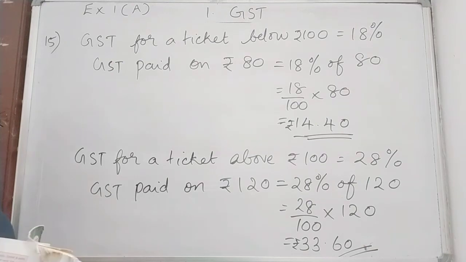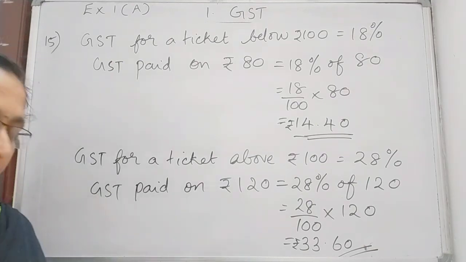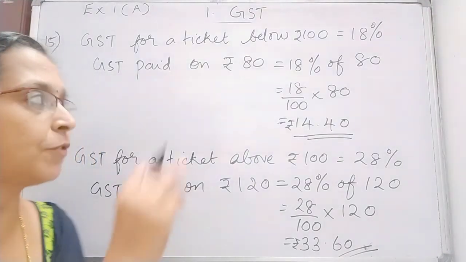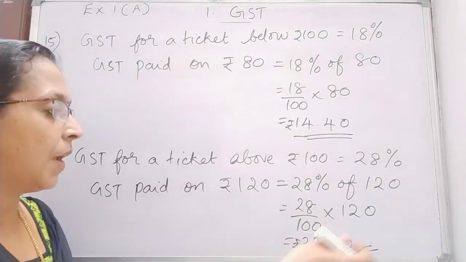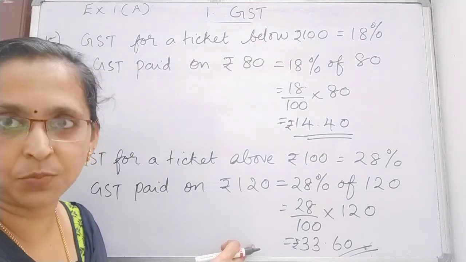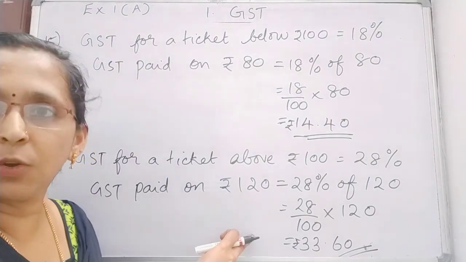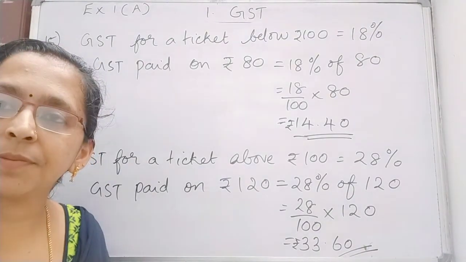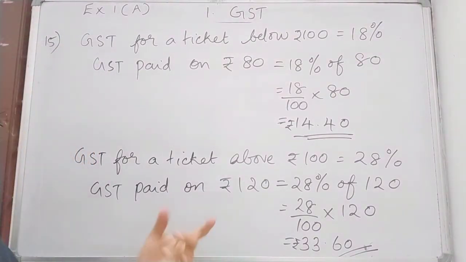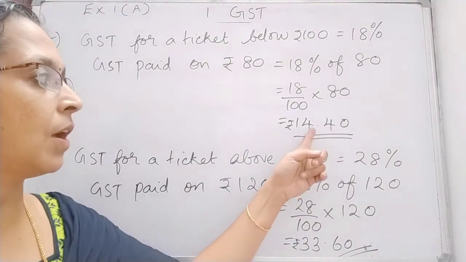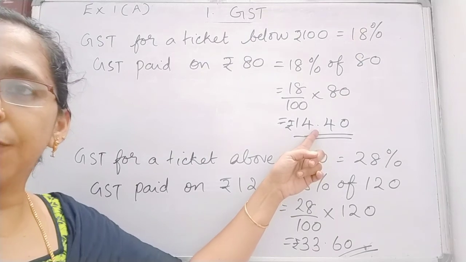He wished to purchase a ticket of rupees 80 only. But he got a ticket of rupees 120. So how much extra is he paying? That is 33.60 minus 14.40.